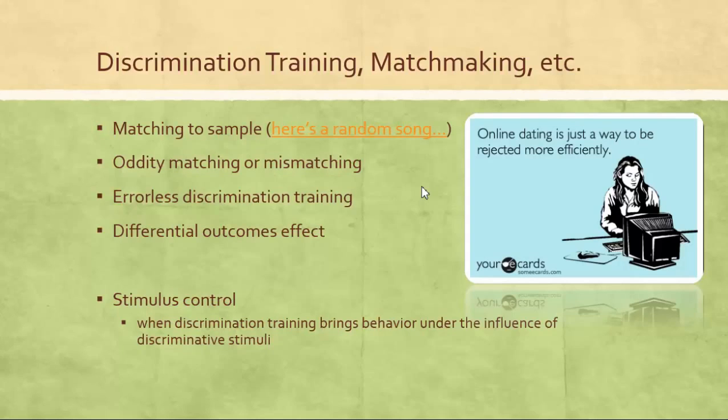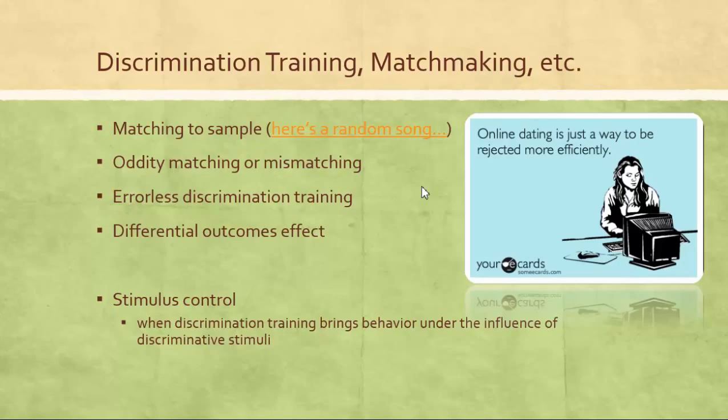When discrimination training brings behavior under the influence of discriminative stimuli, the behavior is said to be under stimulus control. For instance, training a rat to press a lever when a light is on, but not when the light is off, and you get your lever pressed by flipping the light switch. Another way of looking at it is that the rat has also gained control, no longer wasting time and energy pressing a lever when doing so is useless.